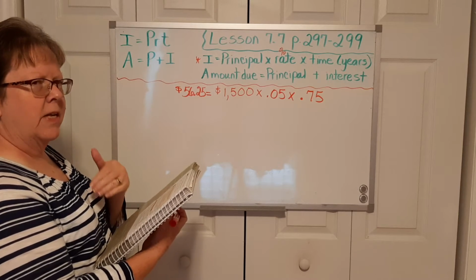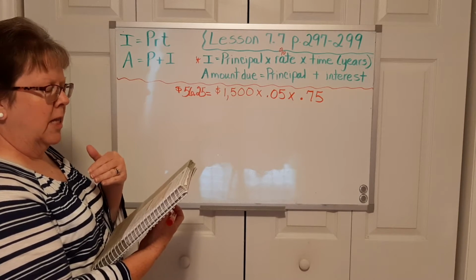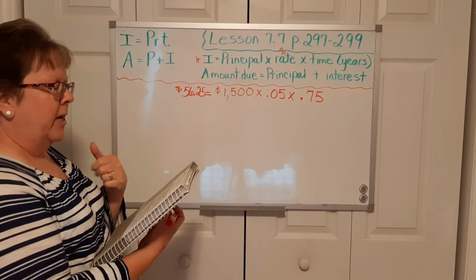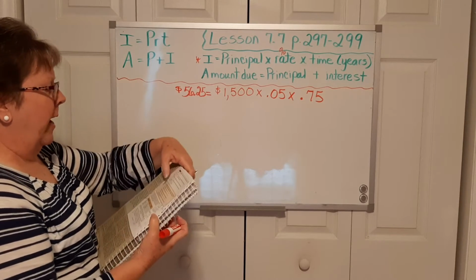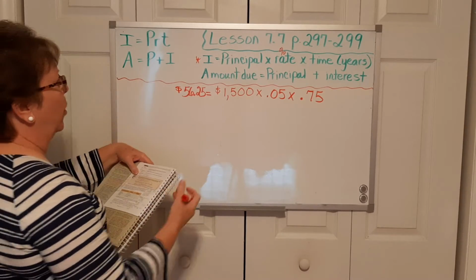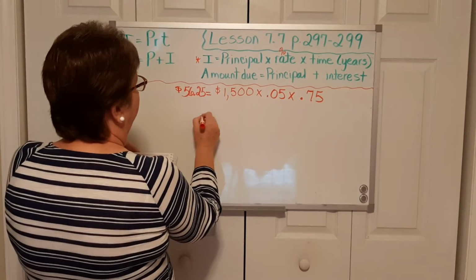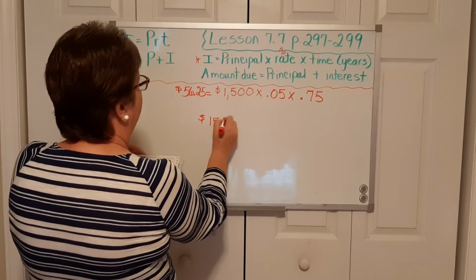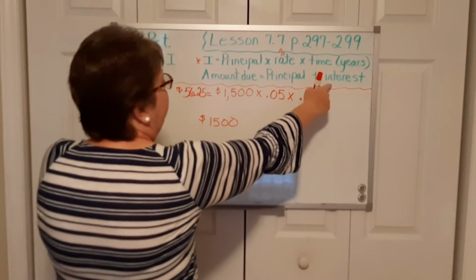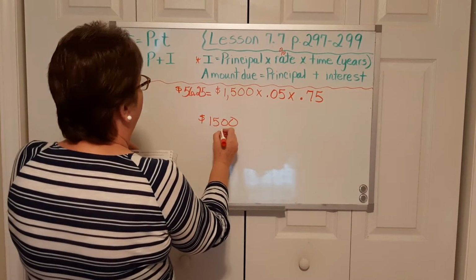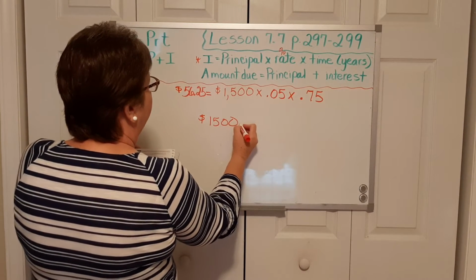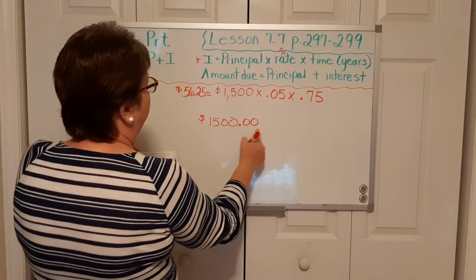In this case, they invested money. So it's the amount of money they'll get in addition to what they invested. Okay, so we're going to take our principal. Principal was 1,500. And we've got to add the interest to it, which is 56.25. 1,500.00 because there's no cents.